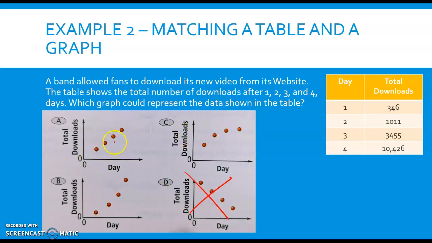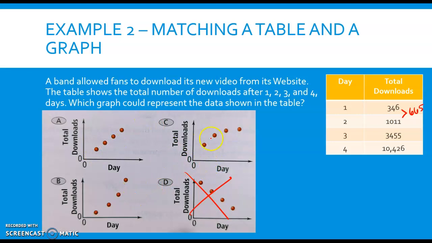Now, to know whether it's constant or a more substantial increase, what I'm going to do is take 1011 minus 346. And when I do that, I get 665. Now, if it's the same number for all of these, then I want this straight line.